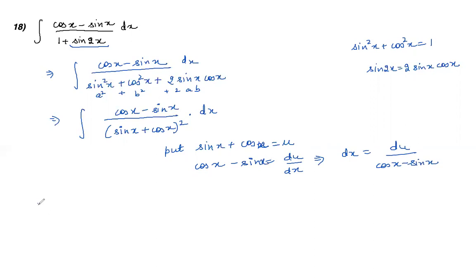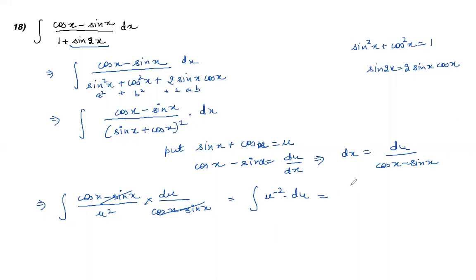So I'm going to put the values back in the question. I'm keeping cos x minus sin x as it is for now, and for sin x plus cos x, I'm substituting u square, into dx is du upon cos x minus sin x. So both the terms will get cancelled and I'll get u raised to power minus 2 into du.